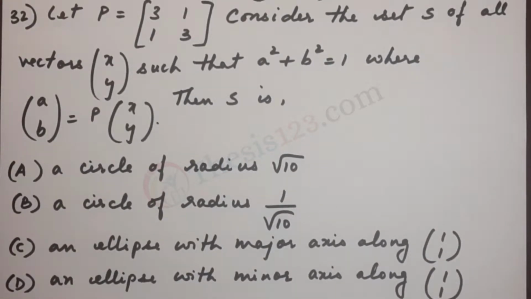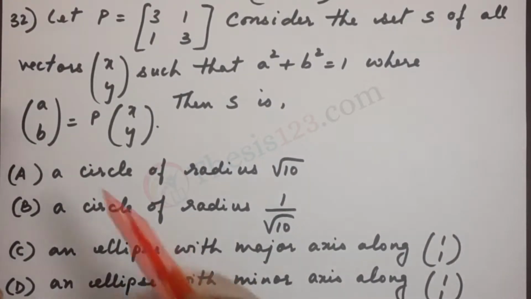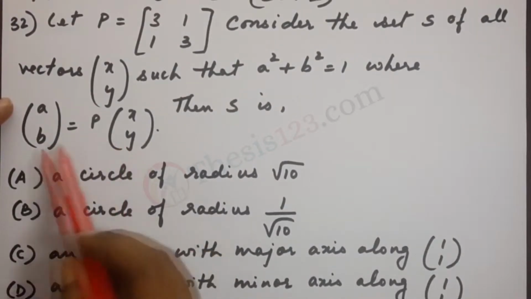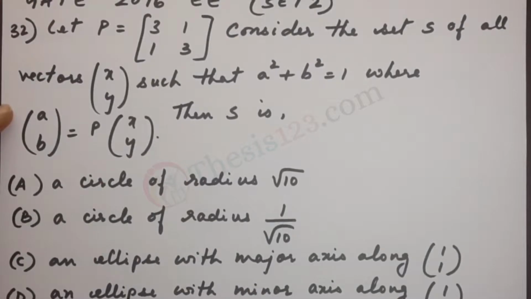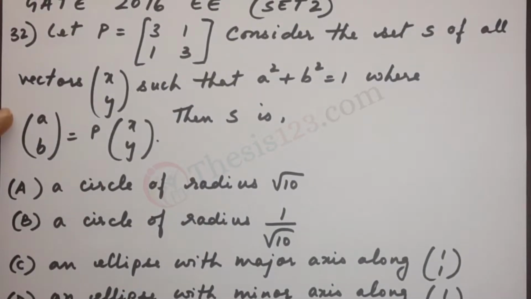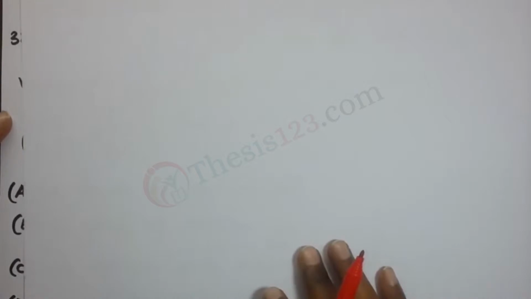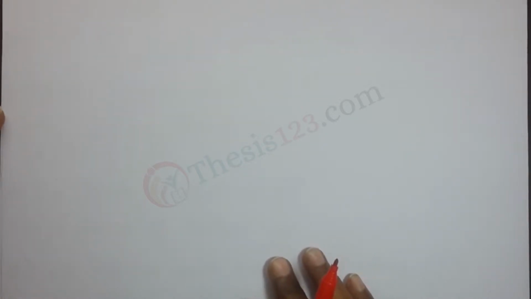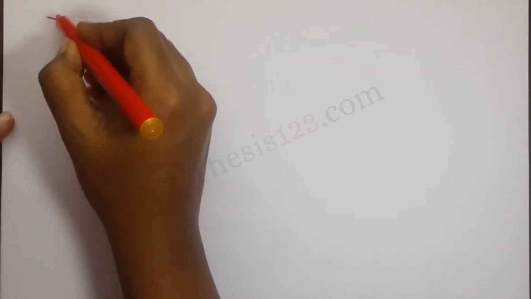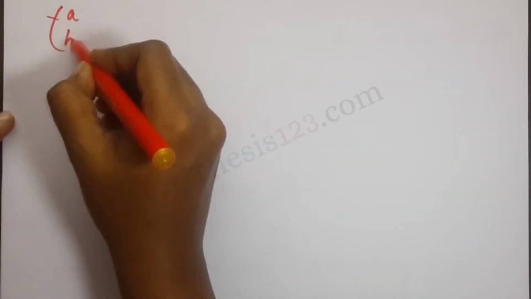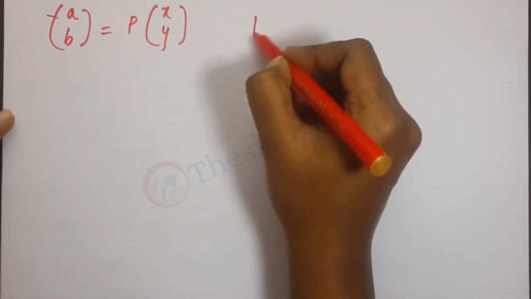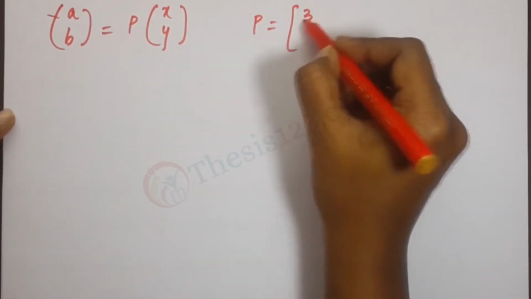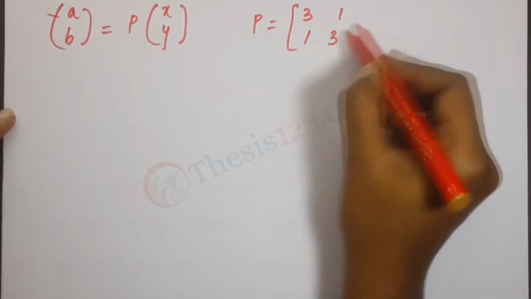So, the first thing we need to do is analyze the expression given here, (a, b) equals P into (x, y). Since there's no space here, I'm just going to write it down on another sheet of paper. So we have (a, b) is equal to P (x, y) given, and P is given as [3, 1; 1, 3].